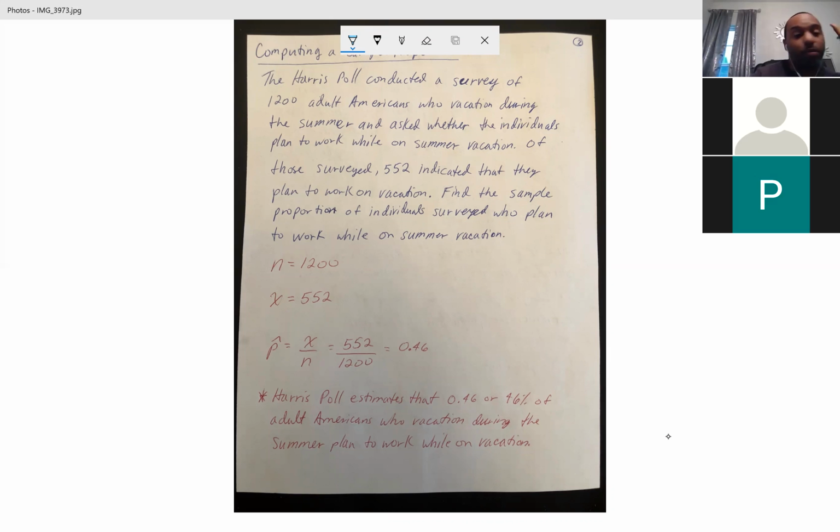You want to know the proportion of people out of the survey who said they plan to work on summer vacation. You would take the 552, place it over 1,200, and that's 0.46. So the Harris poll estimates that 0.46 or 46% of adult Americans who vacation during the summer plan to work while on vacation.